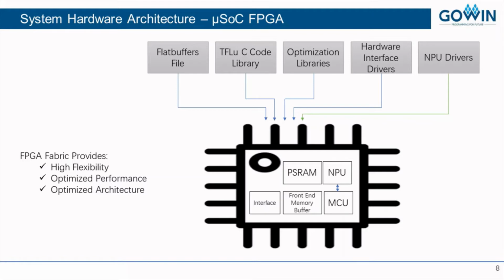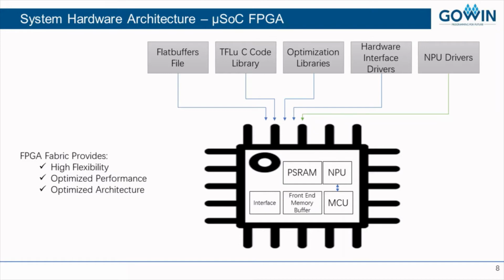And then you have the ability to add in pre-processing blocks, as well as in the R series of our devices, they're not traditional FPGAs in that they actually have extended memory, up to 8 megabytes of extended PS RAM, which we use to store the input and output layers.